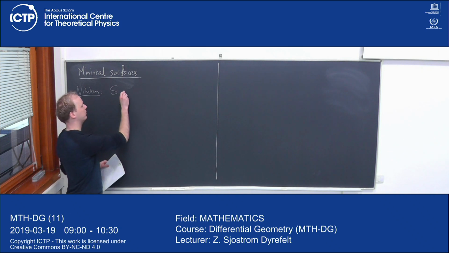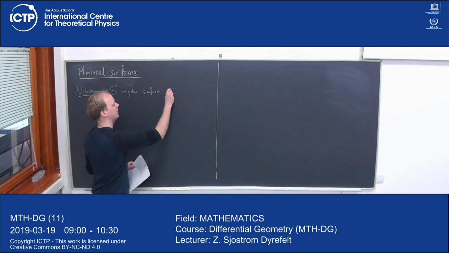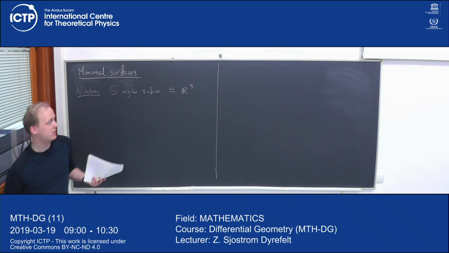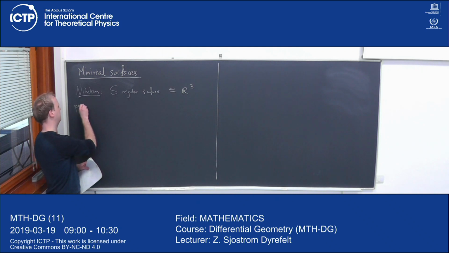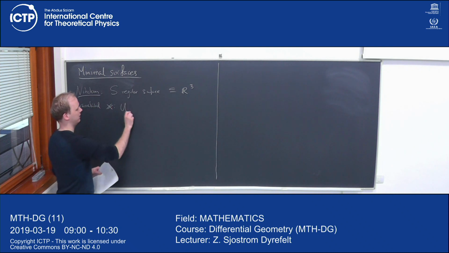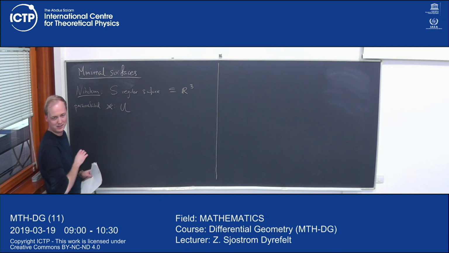So we consider S a regular surface in R3. And in this lecture, I will always consider parametrized surfaces. And parametrizations I will write like this. Sometimes it's X underline, X overline, one of these boldface X's, but I will write it like this.